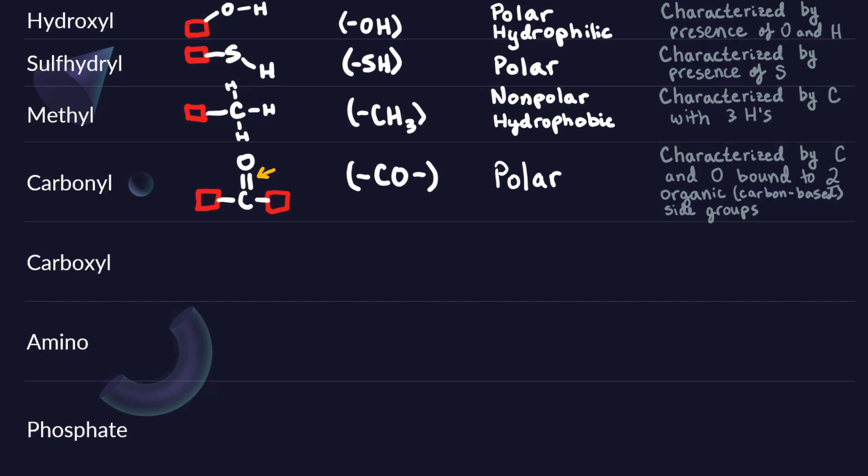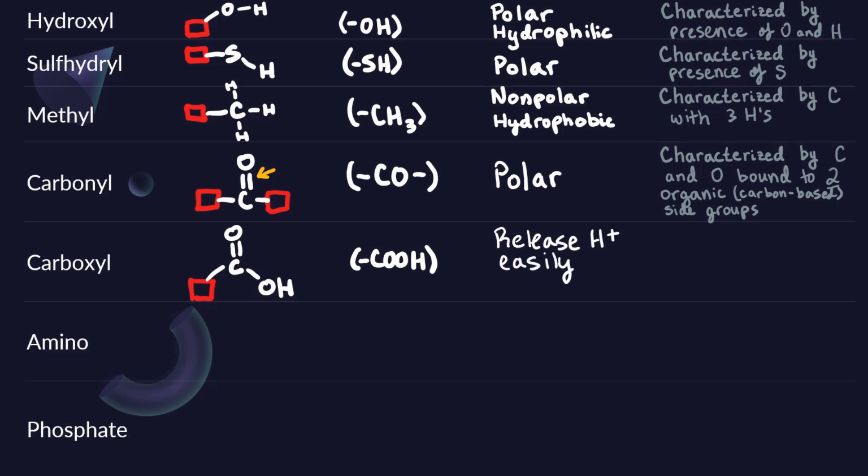Next, we have the carboxyl group. You're going to see this a lot. These guys are also sometimes called acidic carboxyl groups, and you'll see why in just a sec. All right, so starting off here, here's what they look like. And so drawing it out shorthand, we have carbon, 2 oxygens, and a hydrogen coming off the end or branching off from a molecule or compound. These guys release protons easily.